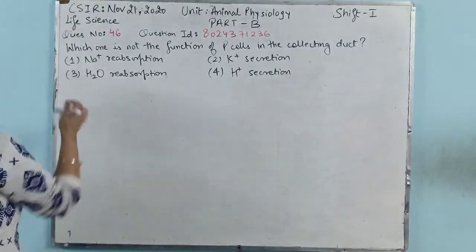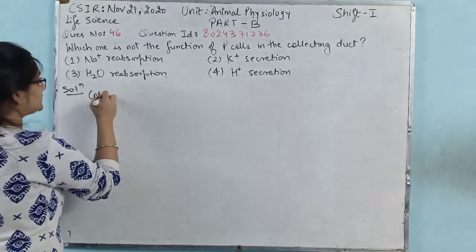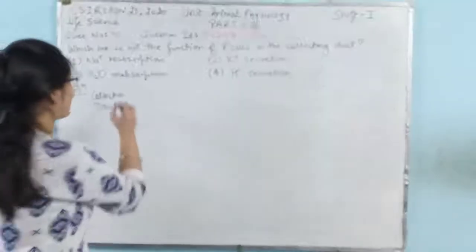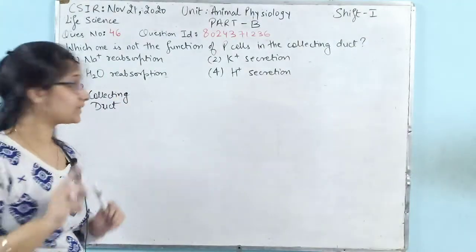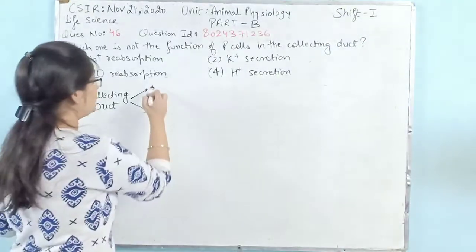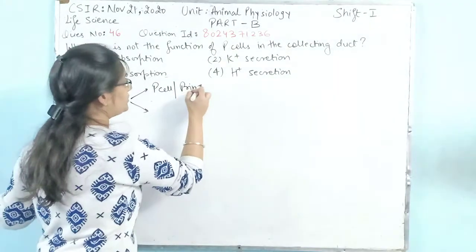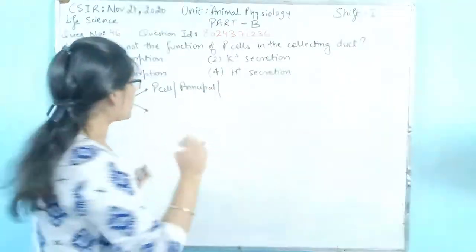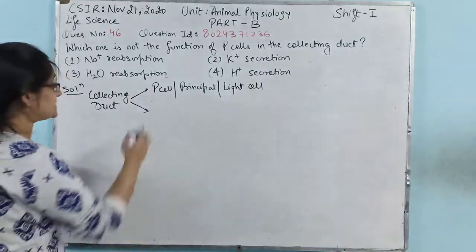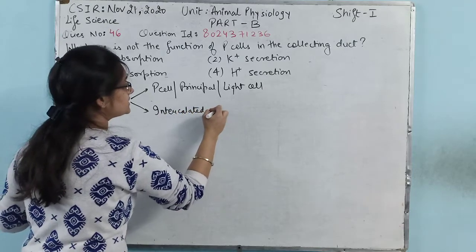So coming on to the solution of it, your collecting duct is part of the nephron, which is the structural and functional unit of the kidney. The collecting duct comprises two different types of cells. One is the P cell, also known as the principal cell or light cell, and the other is the intercalated cells.